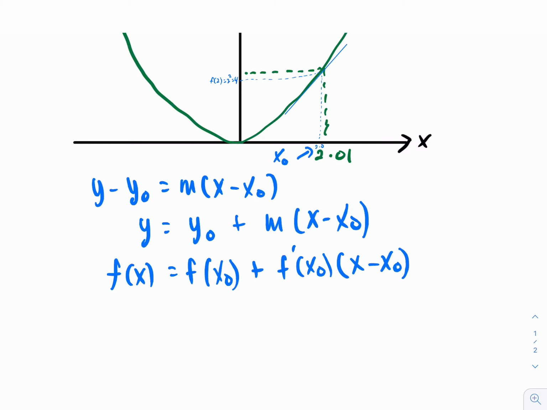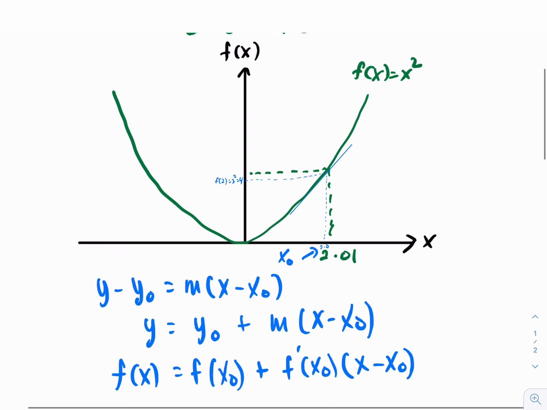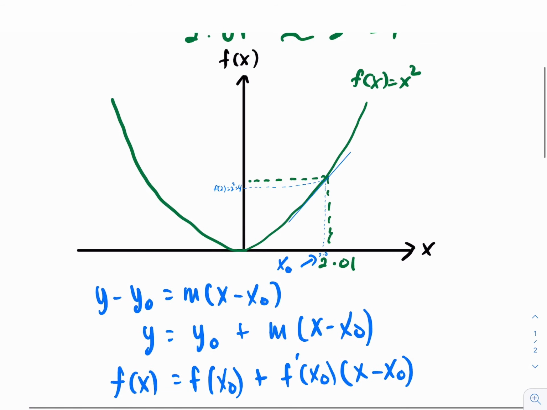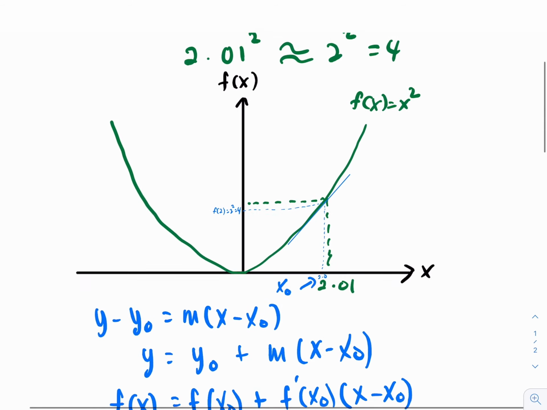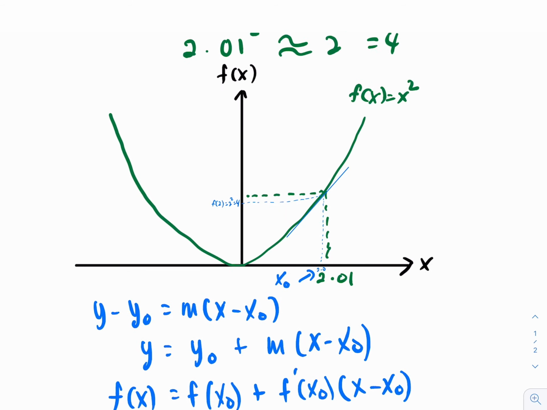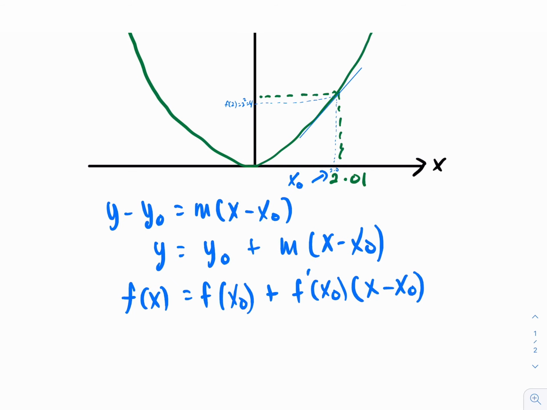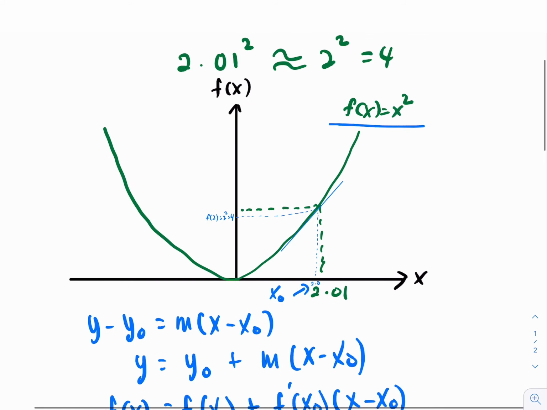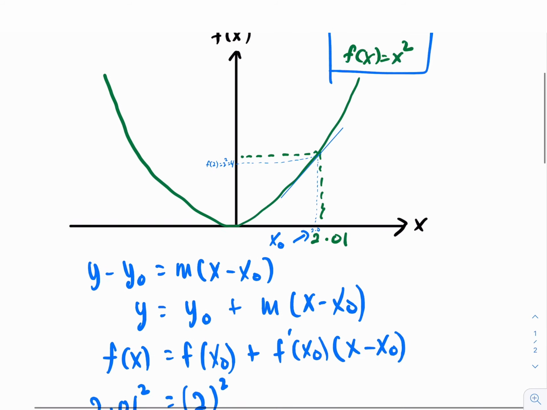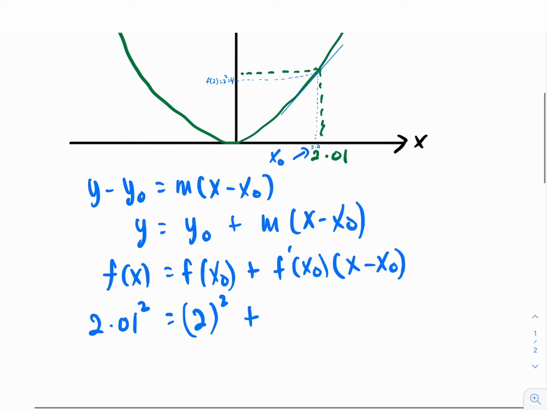In this problem, we want to find f(x), where our x is equal to 2.01. Therefore, we want to approximate 2.01 squared, which is equal to f(x naught), which is 2 squared, since our f(x) is x squared, plus f prime of x naught.